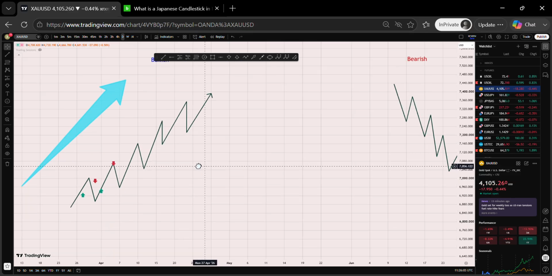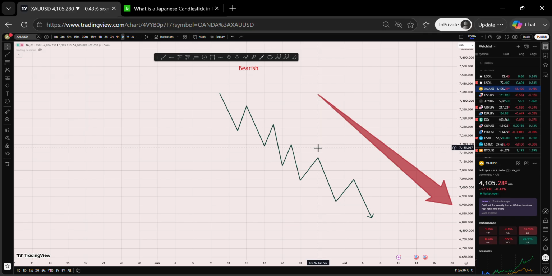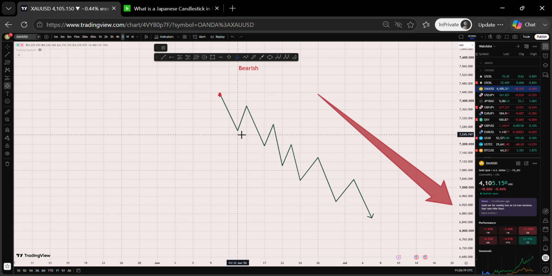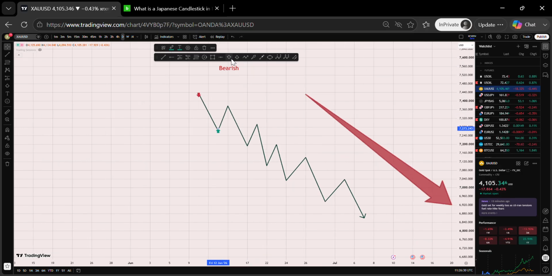Okay, let's look at it on a bearish market as well. In a bearish market, we can see that price is going from a high point to a lower point. And so this movement right here that sends price in the direction of the market is what we call an impulse. And this movement right here that causes a breather or causes a counter trend movement, allows for a pullback or a retracement, is what we call a correction, and so on and so forth.